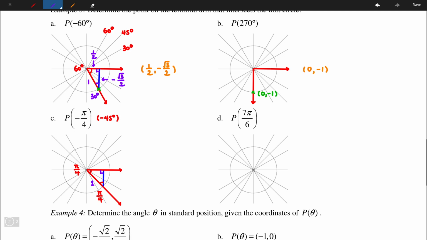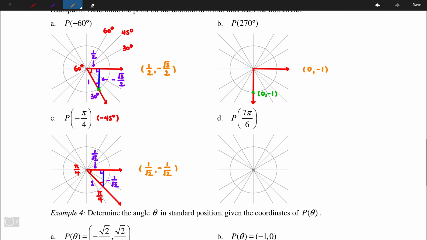So each one of the sides will be 1 over root 2 in magnitude. So the x value is going to be 1 over root 2, but the y value will be -1 over root 2. So 1 over root 2, and then -1 over root 2.